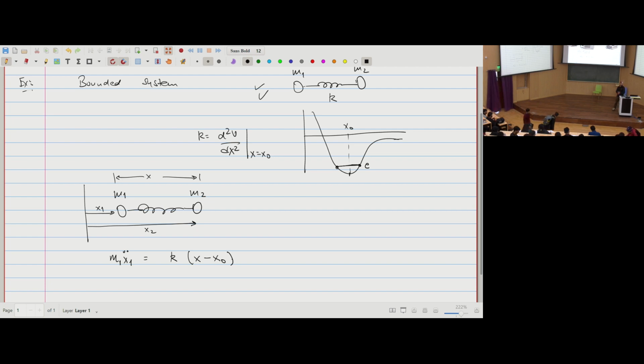Here x naught is the equilibrium position of the spring, and you have stretched it such that it is now x. So this becomes k times x minus x naught. Now if for some reason your x was less than x naught, the spring is compressed, so mass m1 is getting a force to the left.